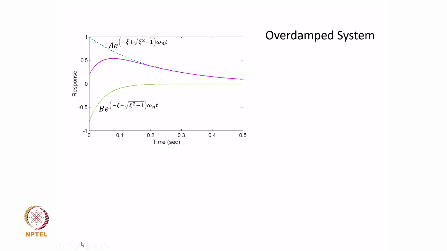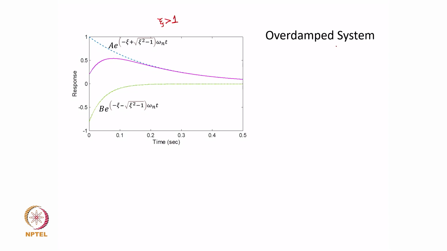Now, in case the damping is much larger, and in a few cases you do get situations where the damping is designed to be much on a higher side, then the response of the system would decay very gradually and without any oscillations, because now the value of zeta is greater than 1.